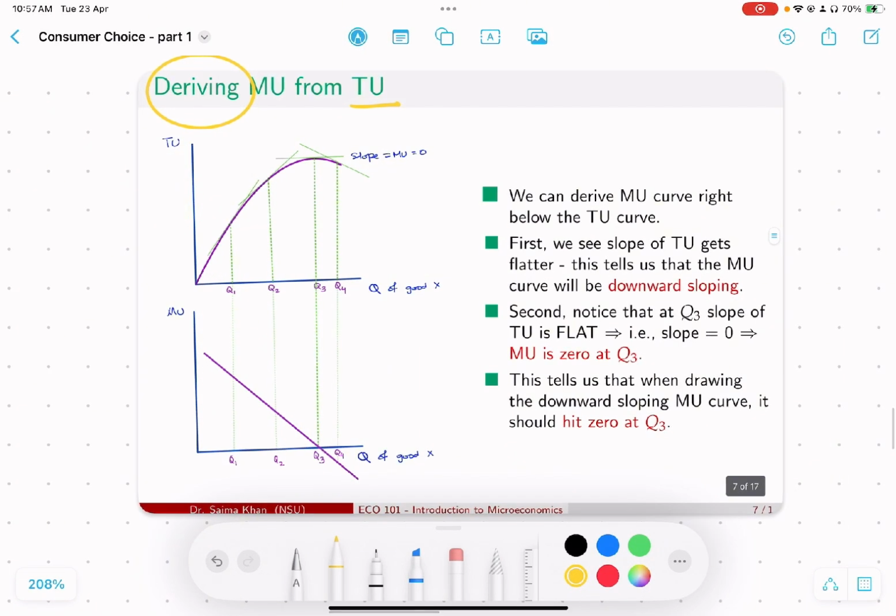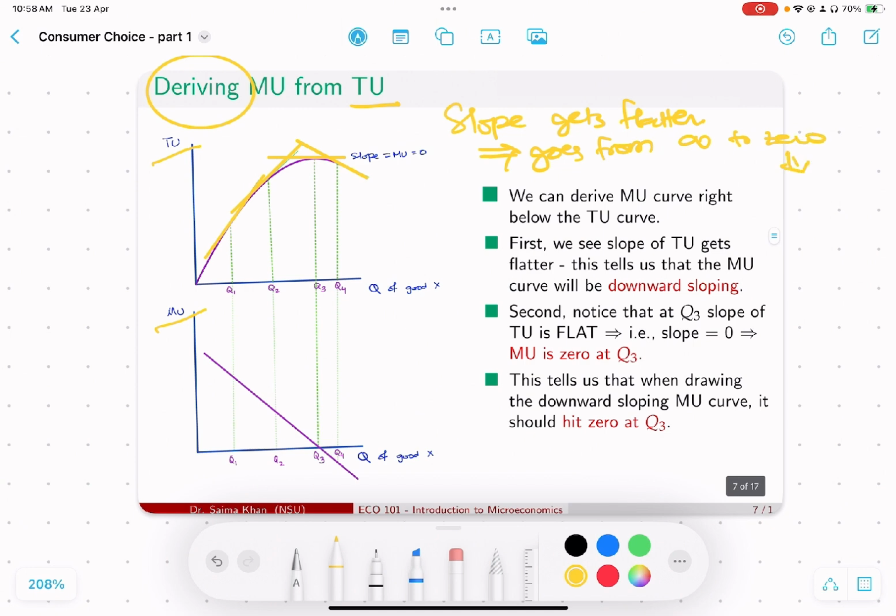Graphically, you have to draw the total utility curve at the top, marginal utility curve at the bottom. We are seeing that the slope of the total utility actually gets flatter, right? It was steep, then gets flatter, gets flatter, gets flatter. As the slope is getting flatter, that means it goes from infinity to zero.